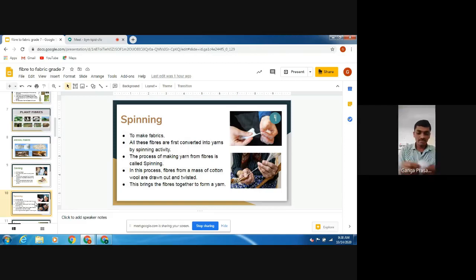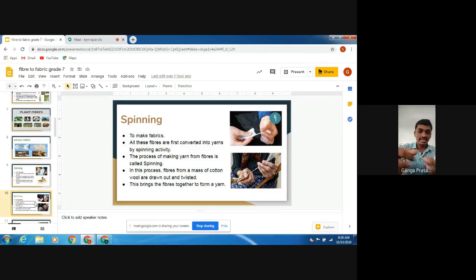Okay, see here. It's cotton, right? The process of making thread or yarn from cotton fiber is called spinning.